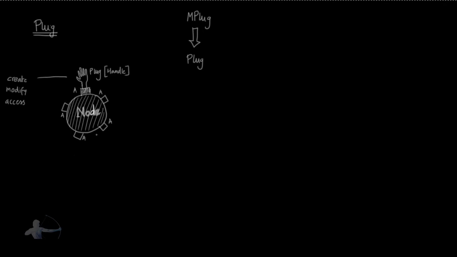So in later videos we would dissect a node a little bit more, but now we know that plugs are the handles using which we can create, modify, or access the attributes. Whenever we access the attributes, we access them through the plugs. At the user level in Maya, plugs are transparent.